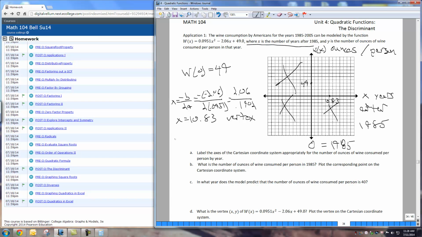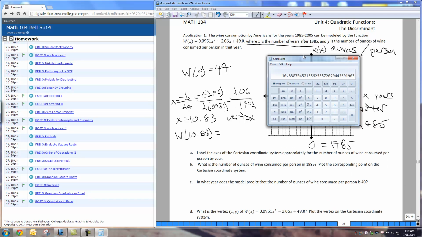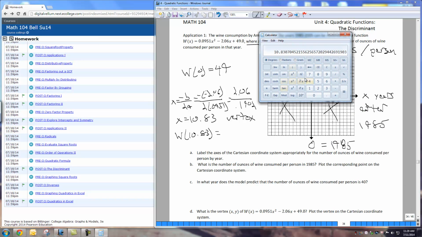So let's do W of 10.83 equals, go back to our calculator. So I'm going to do this value squared times 0.0951 minus 2.06 times 10.83, 7.045.